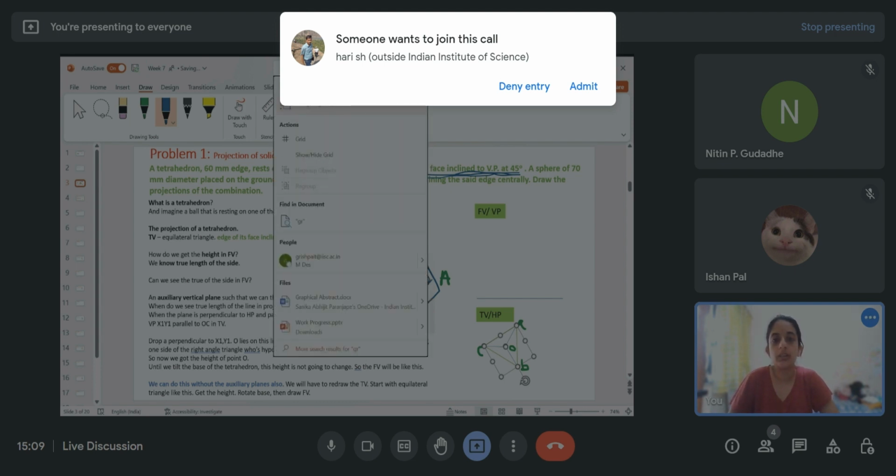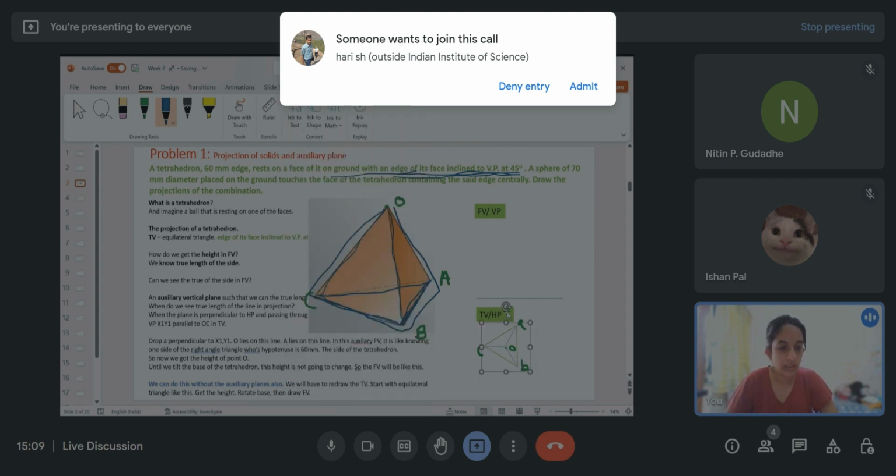First group that. Okay, so I can now rotate this such that this edge AB makes an angle of 45 with the vertical plane. So we'll have to rename it. I'll take these off. Let me see.